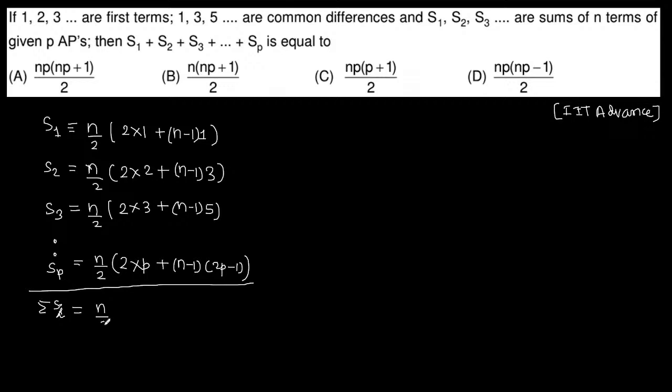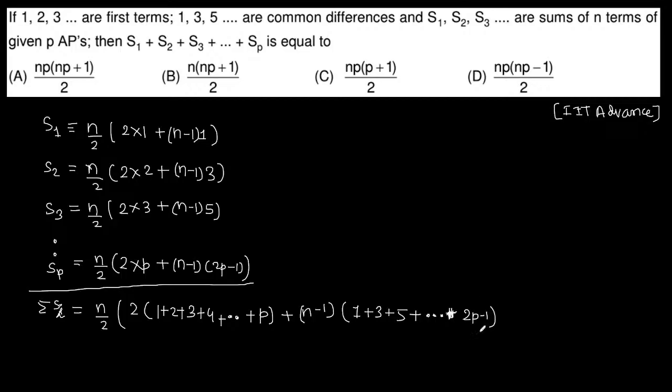This is n by 2 times 2 into 1 plus 2 plus 3 plus 4 up to p, plus n minus 1 into 1 plus 3 plus 5 plus dot dot dot up to 2p minus 1.